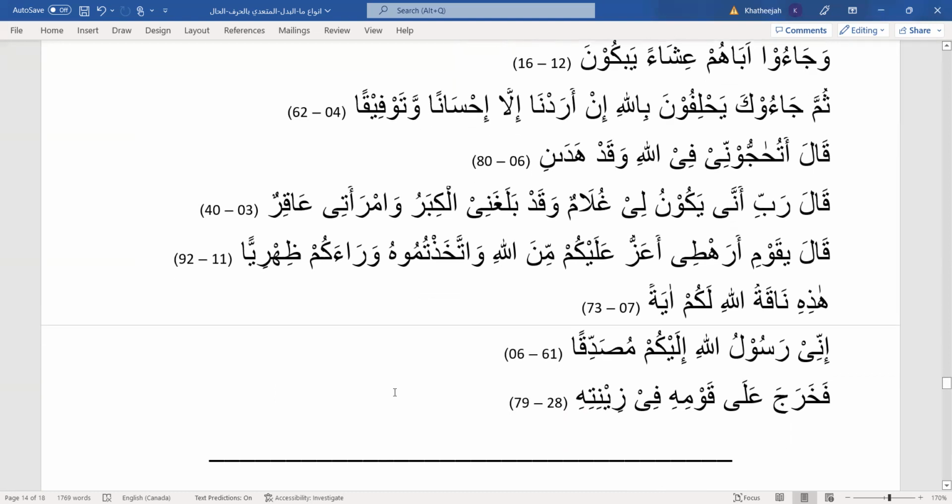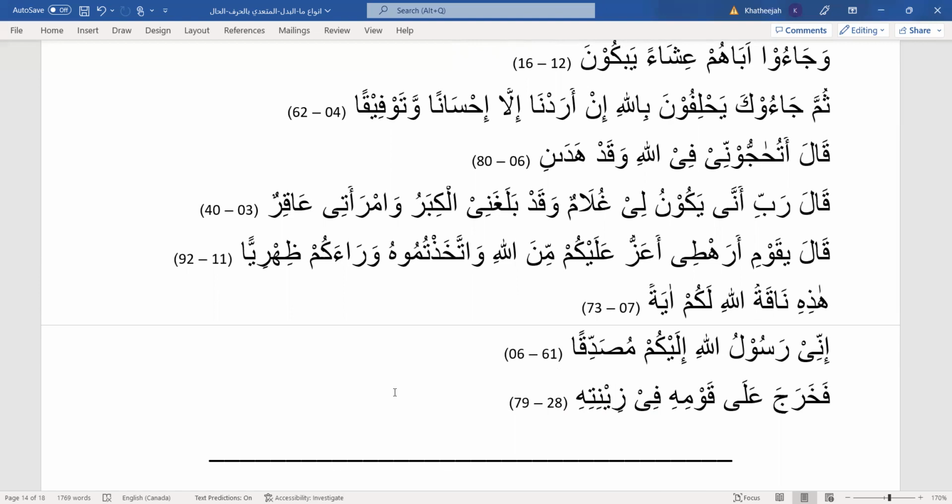Okay, so we have talked about the situations where a sentence can come as a hal, and that sentence could be jumla ismiya or jumla fi'liya. If it is a jumla fi'liya, the fi'l inside it is al-mudari, and then it could be al-madi.